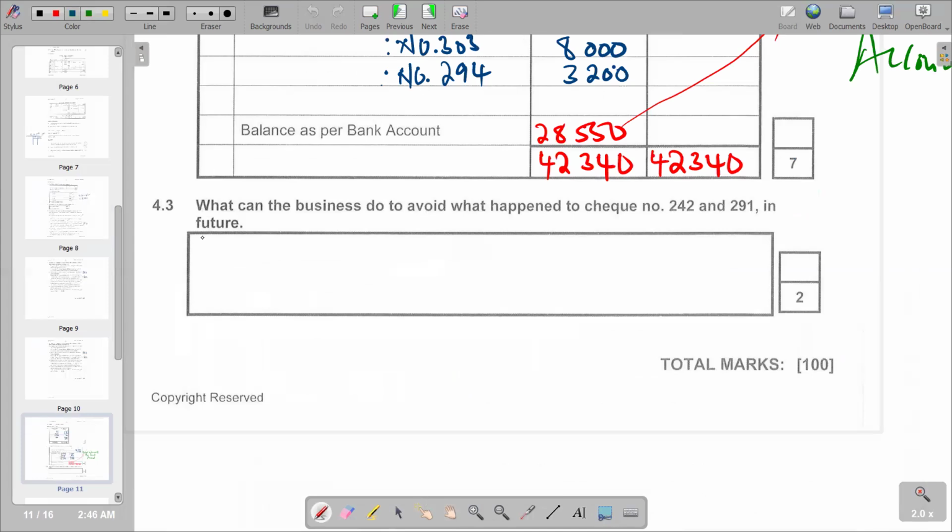So we are saying encourage use of EFTs. And then the other one became stale.